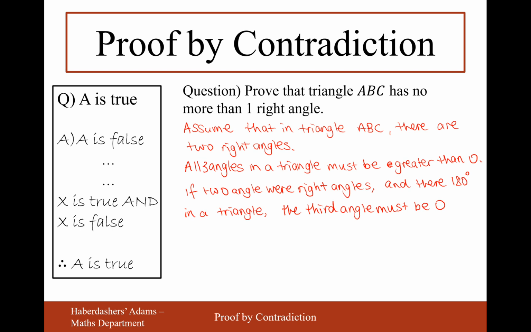Which is where the contradiction comes in, because the contradiction is that all angles must be greater than 0, and the third angle must be 0 is a contradiction. Therefore, there is a contradiction.